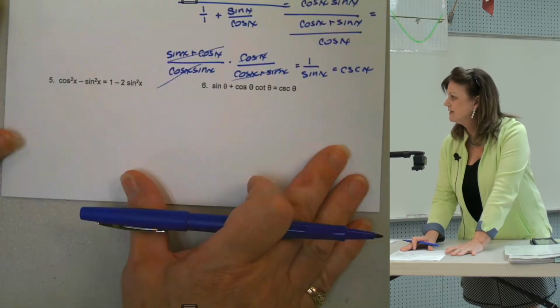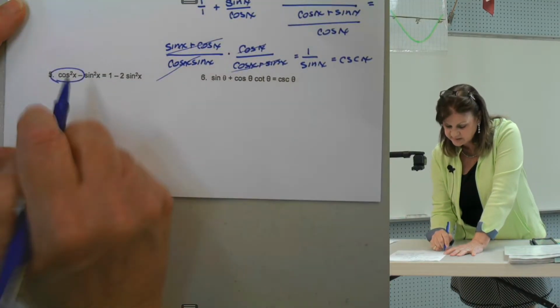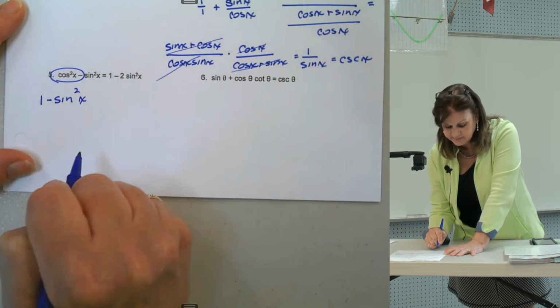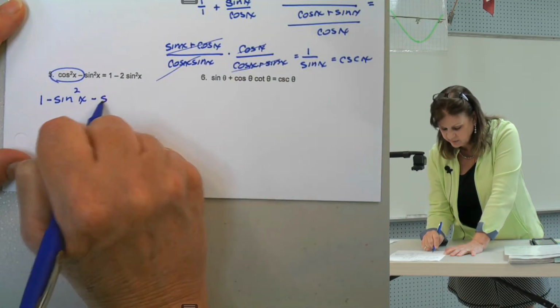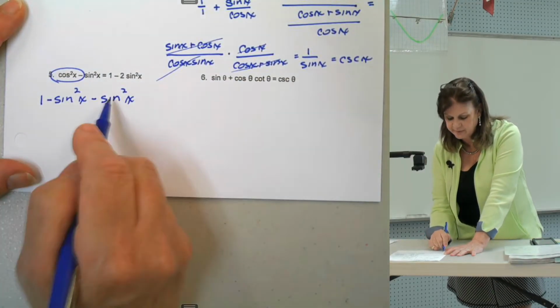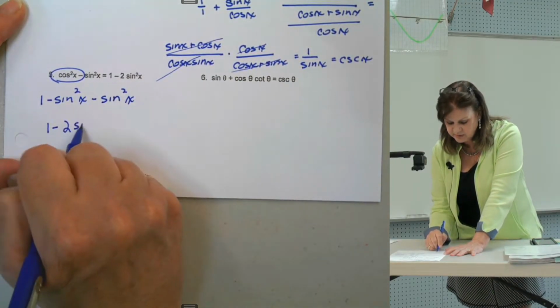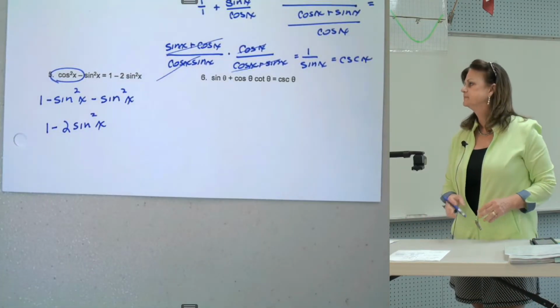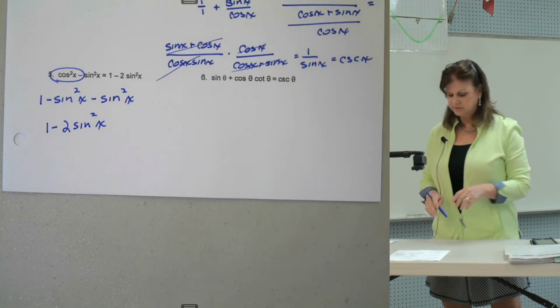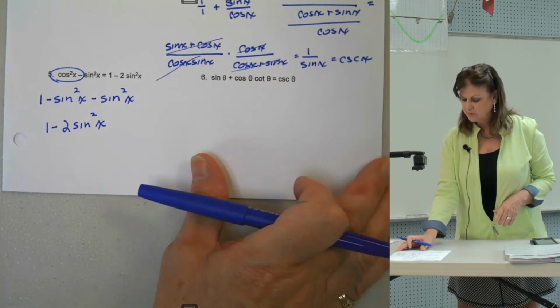So I'm going to replace this cosine squared x with 1 minus sine squared x, and then just continue writing the equation. Oh, I've got 2 of the same term. 1 minus 2 sine squared x. Knowing that granddaddy equation is going to help you a lot.